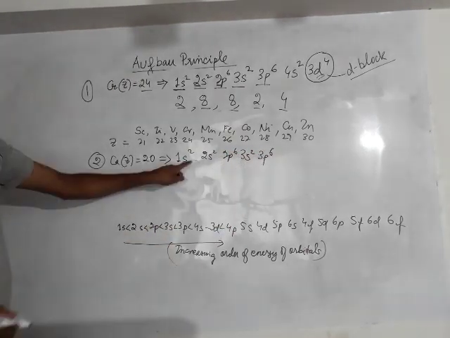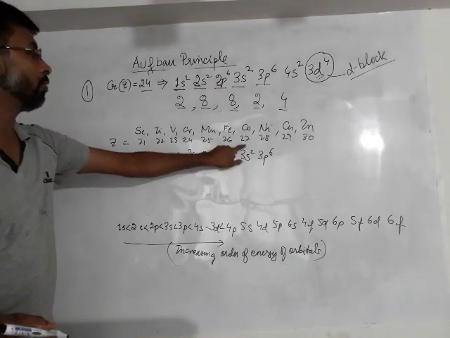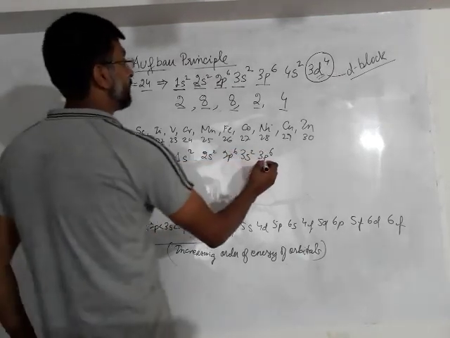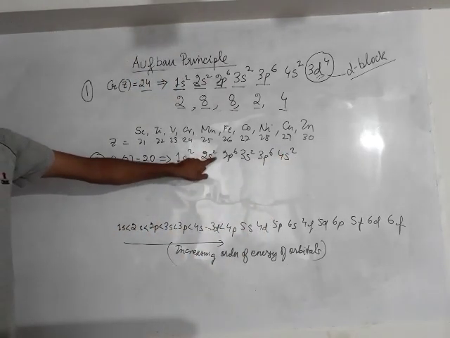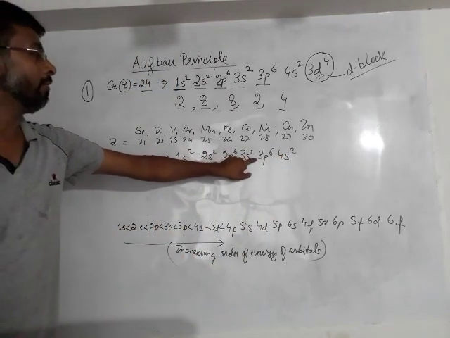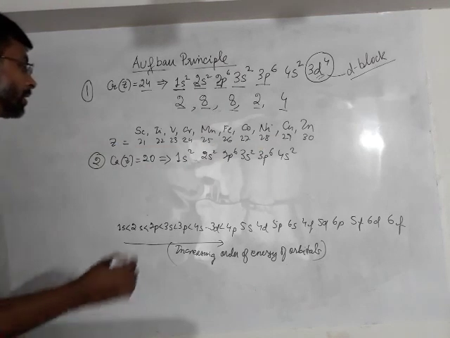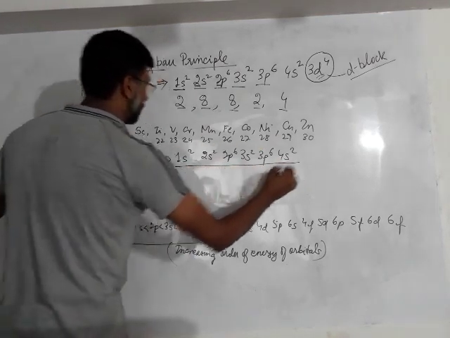Let us check now: 2 plus 2, 4, 4 plus 6, 10, 12, 12 plus 6, 18. After 3p6 comes 4s2. Now check the total: 18 plus 2 is 20. Now it is correct. This is the electronic configuration.